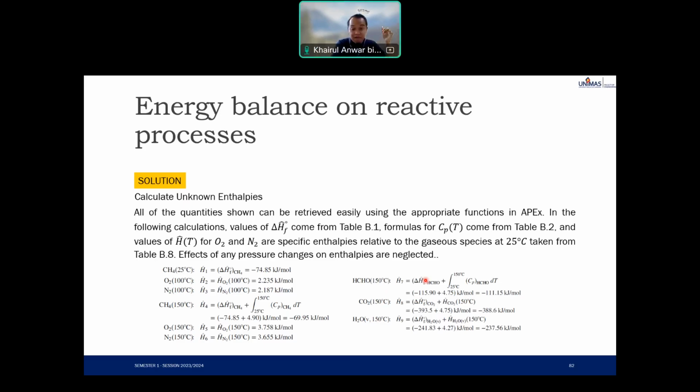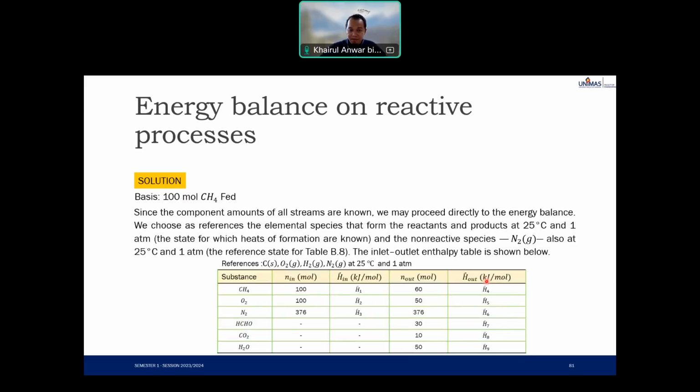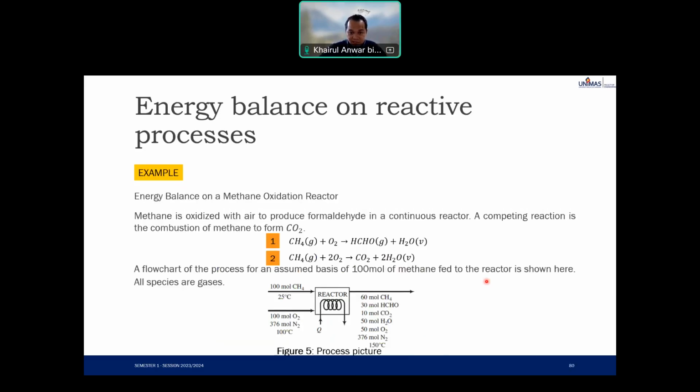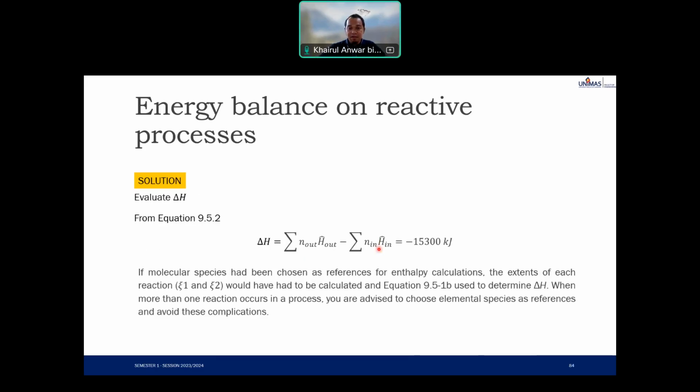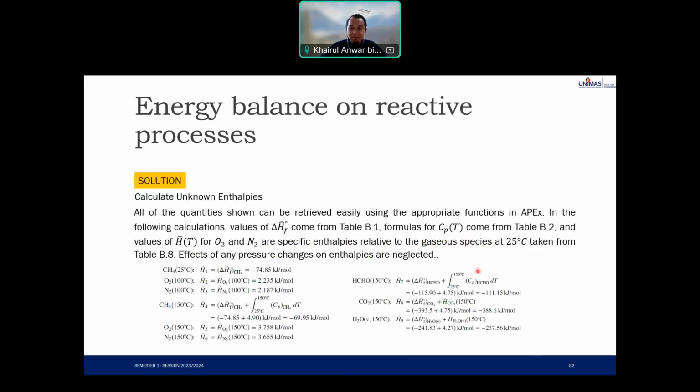Negative 115. This is 25 to 150, table B2, and do the integration. What is the form? For HCHO it is gas. So make sure you choose the correct CP. If it is gas, you choose gas, because liquid is shorter and gas is longer CP.